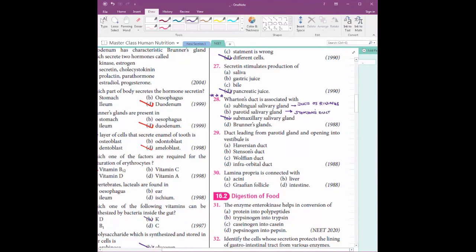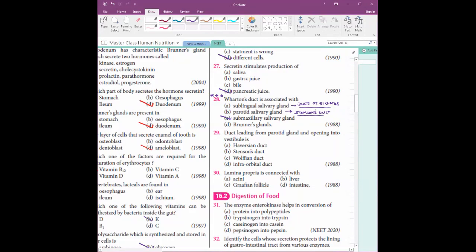And Wharton's duct is your submaxillary salivary glands. Submaxillary, we can also call the submandibular. So guys, keep these things in your mind, because duct of Rivinus is also asked and Stenson's duct is also asked.